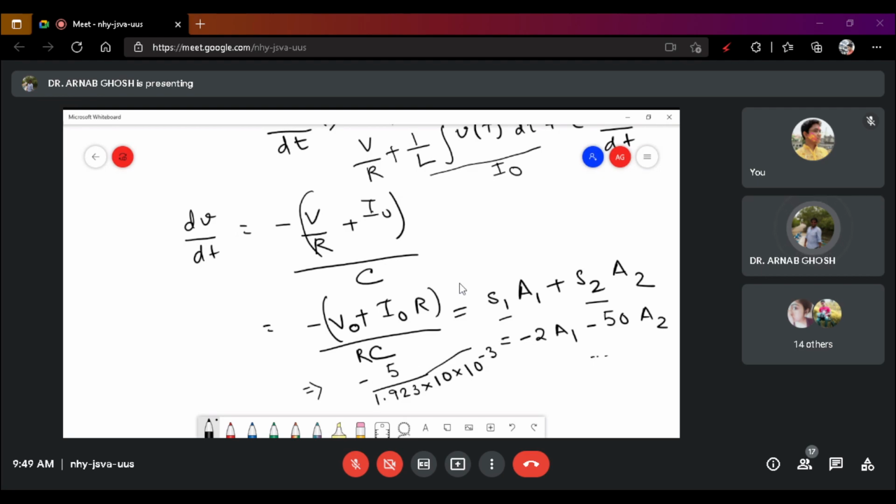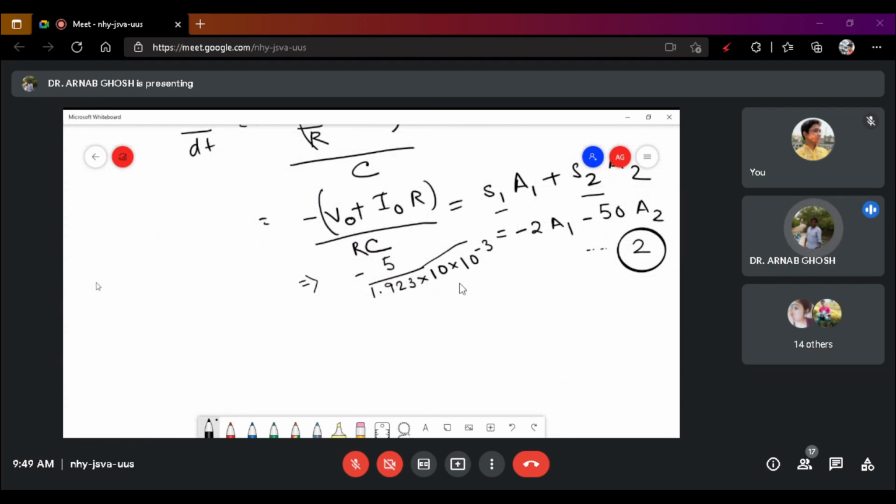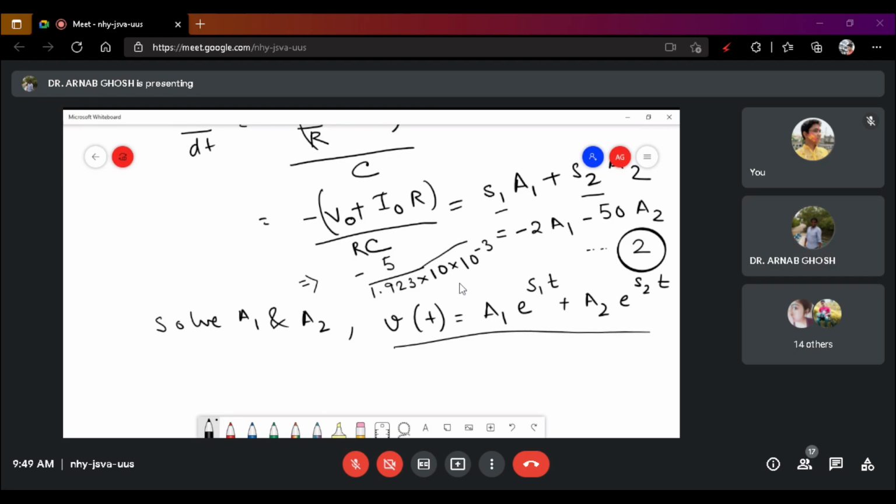So this is your equation number 2. You get two equations in A1 and A2, so solve for A1 and A2 and you will get the expression of Vt, which is A1 e to the power S1t plus A2 e to the power S2t. Clear?